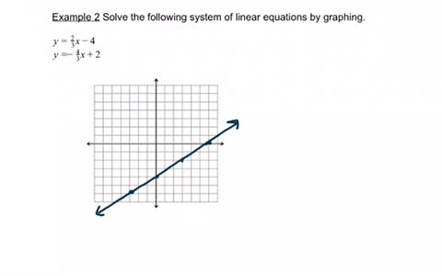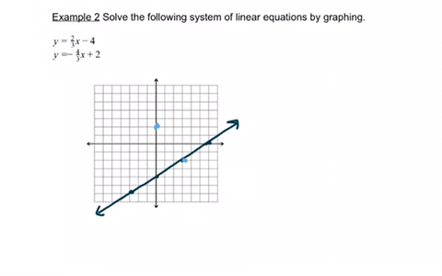My second equation, y equals -4/3 x plus 2, has a y-intercept at 2. And it has a slope of -4/3, which means I'm going to go down and to the right with that slope. So I'm going to go down 4 units and to the right 3 units.